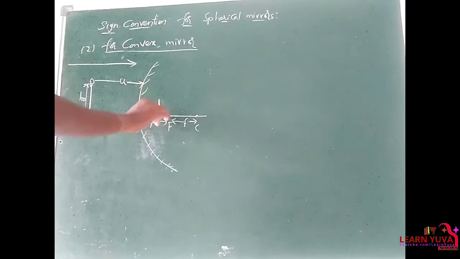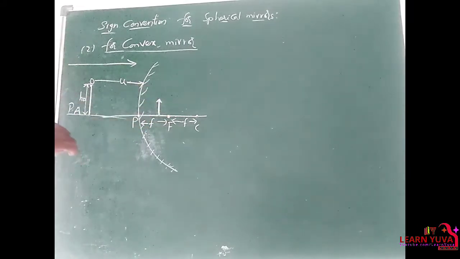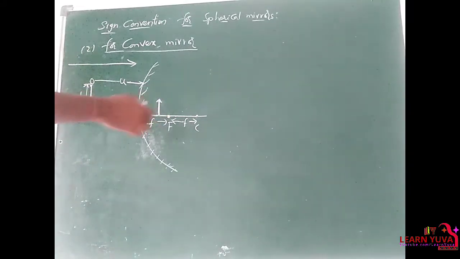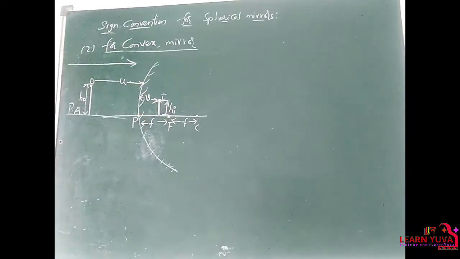As a result, for a convex mirror, the image is always found between P and F. It is the height of the image. The distance from image to mirror is the image distance v.